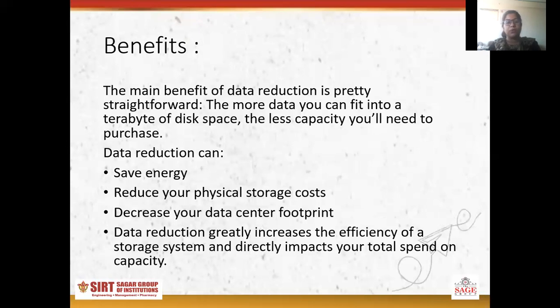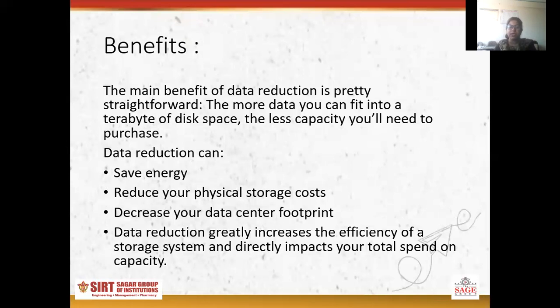Coming towards the benefits of data reduction, the first and foremost benefit we'll study over here. The main benefit of data reduction is pretty straightforward. The more data you can fit into a terabyte of disk space, the less capacity you'll need to purchase.